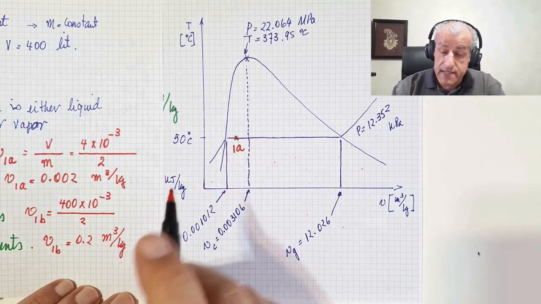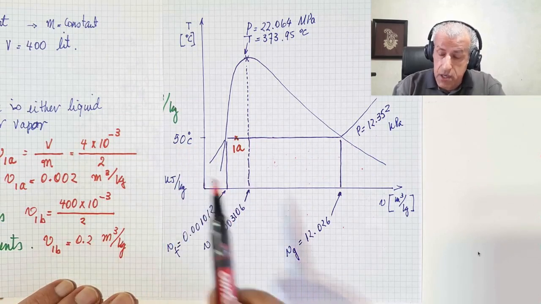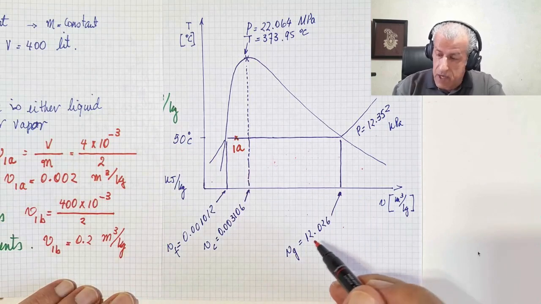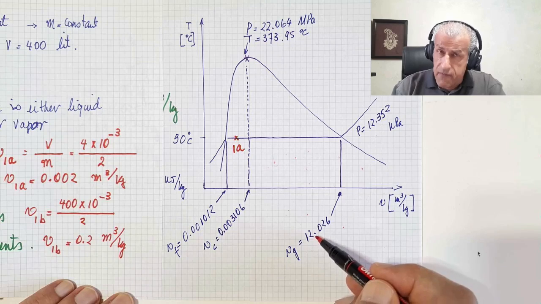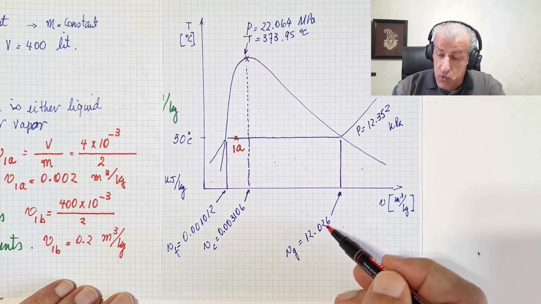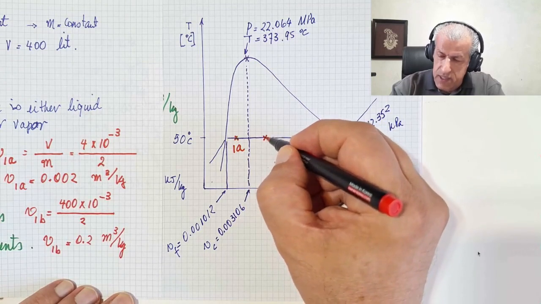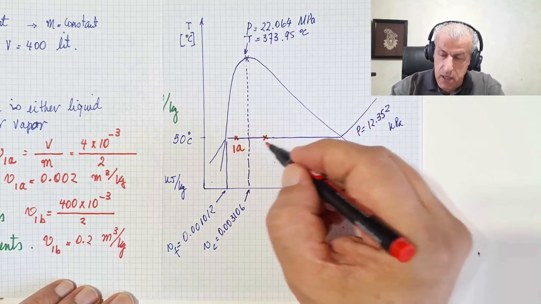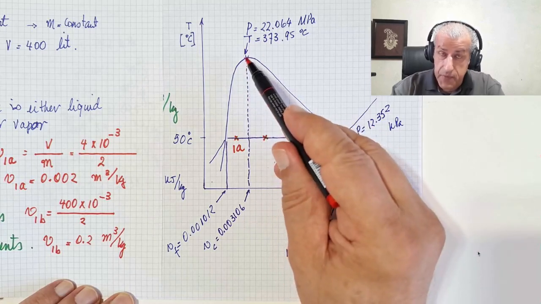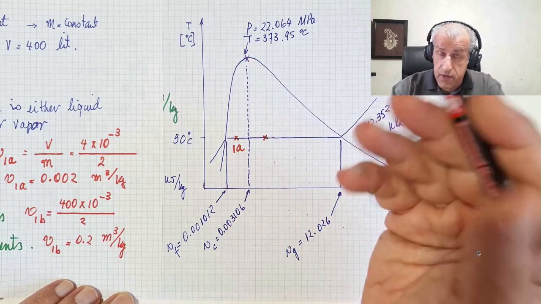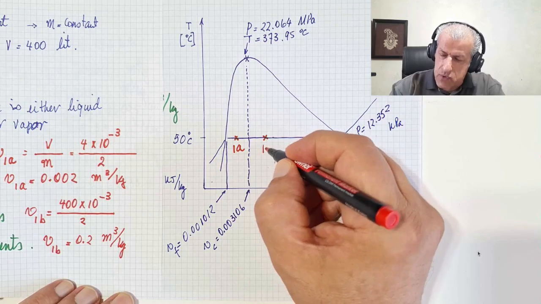What happens to point 1B? Point 1B still is on the 50 degrees temperature, but at the same time, its specific volume is 0.2, still far from 12.026. It would be somewhere here. Let's put it here. Of course, it is closer to the critical point if I want to draw it proportionately, but as it is, I will draw it just like this.